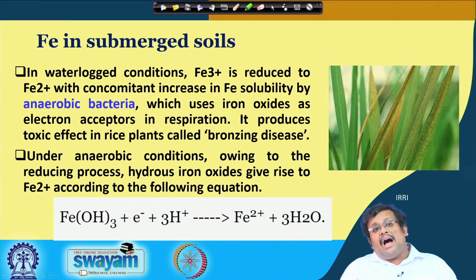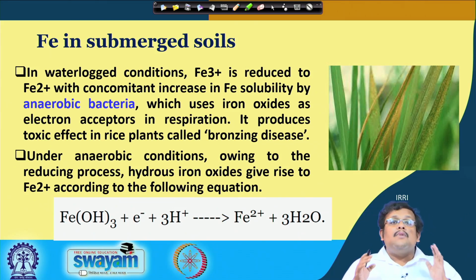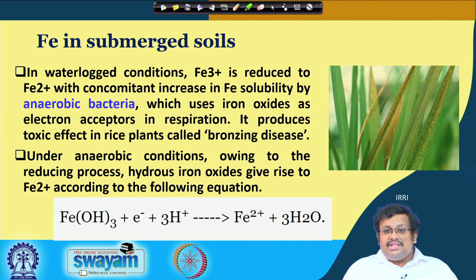Now, to talk about the iron in submerged soils. In waterlogged condition, ferric is reduced to ferrous. We have already discussed that, with concomitant increase in iron solubility by anaerobic bacteria, which use iron oxides as terminal electron acceptor in the respiratory chain.